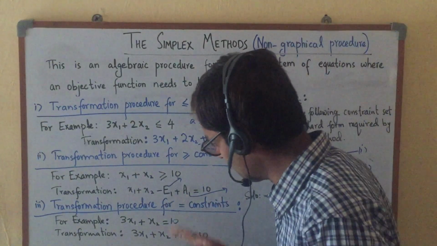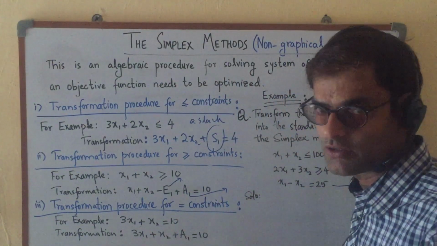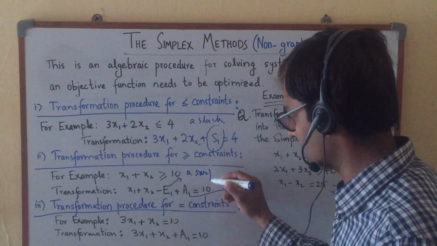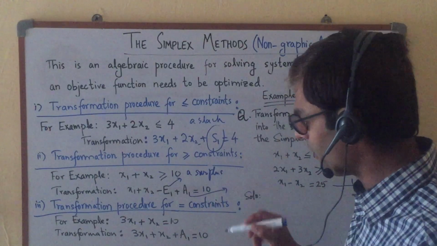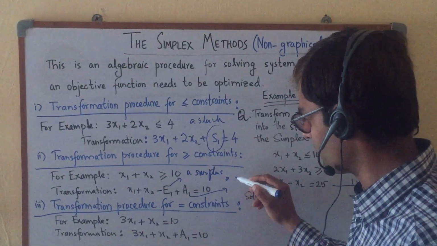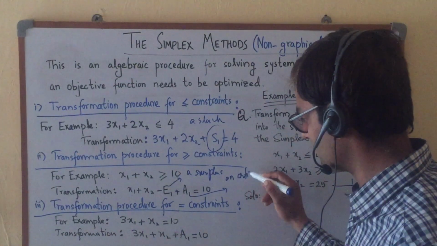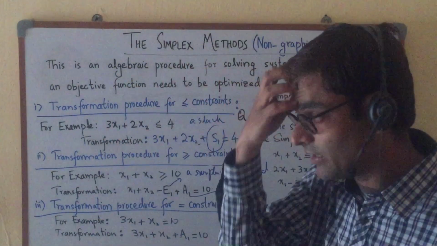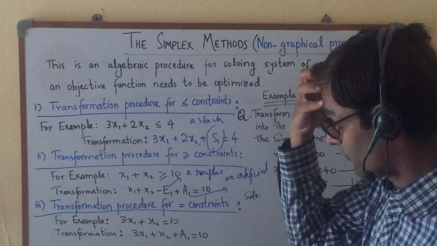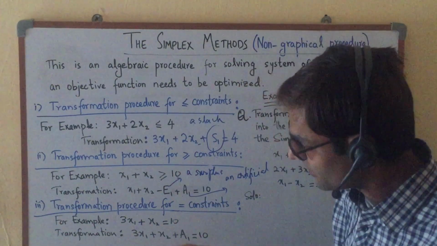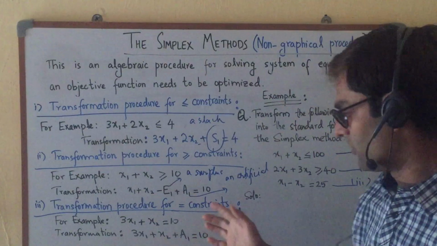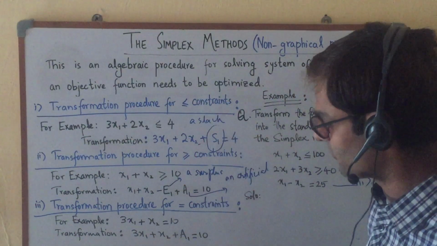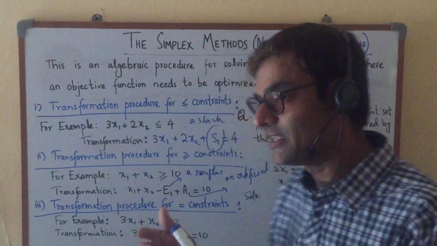One variable is E1, which is called a surplus variable, and A1 is an artificial variable. So we add two variables for this condition. The third transformation is for an equal to constraint. You see the equal sign, the greater than or equal sign, and the less than or equal sign. You just need to transform it.